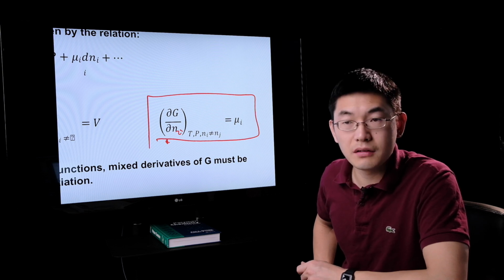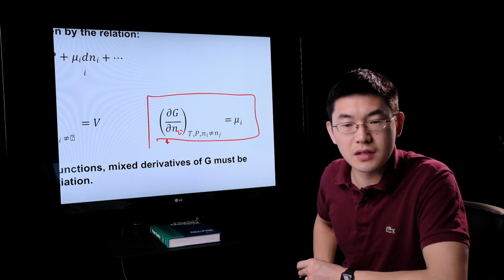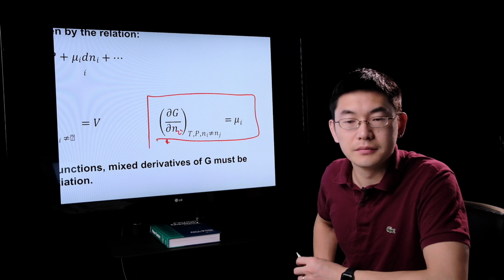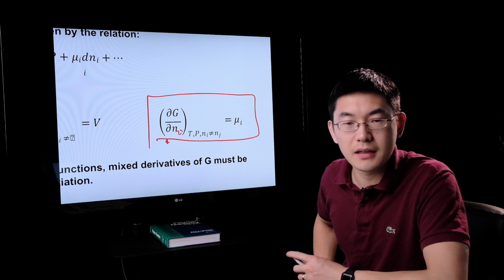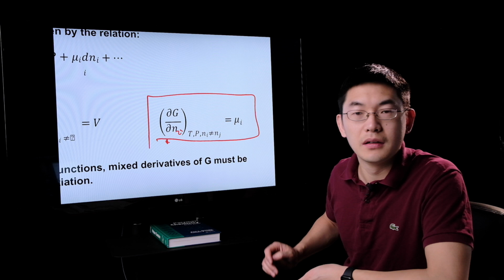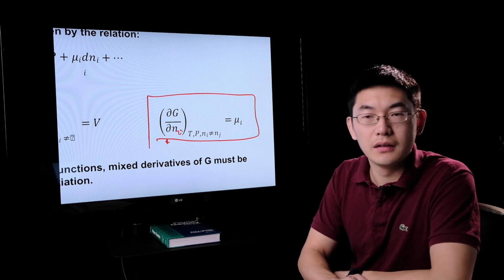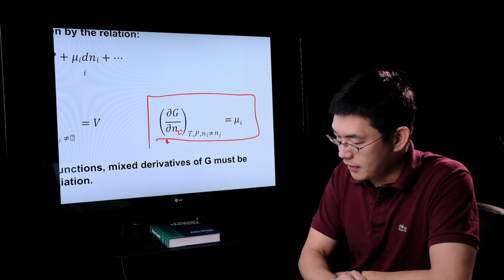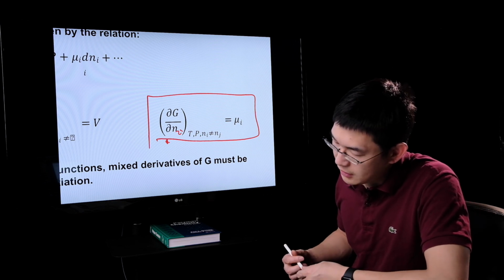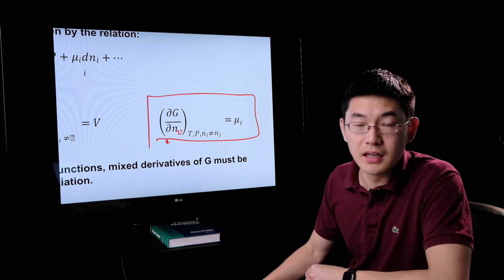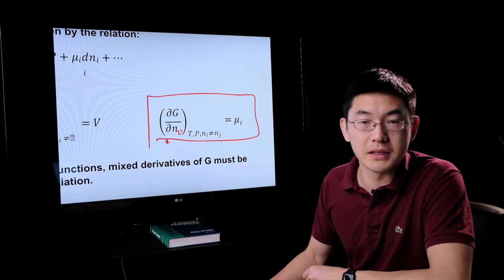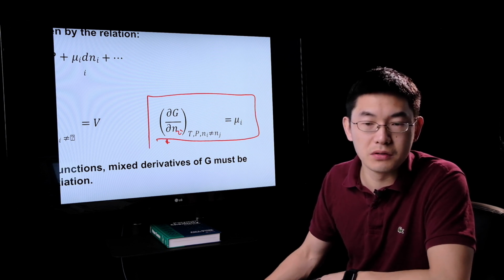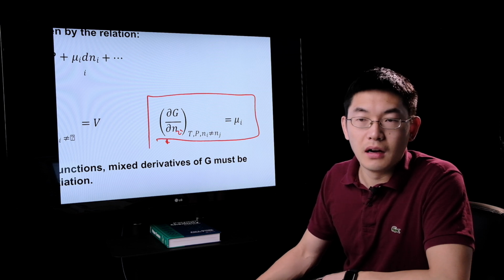Is it better now? Yeah, barely. After the P, are those N's or R's? After the P? It's Ni, not equal to Nj, and those are N, basically with respect to the partial molar volume.